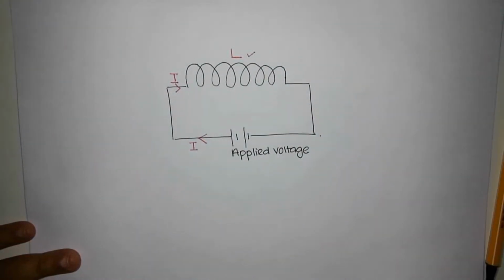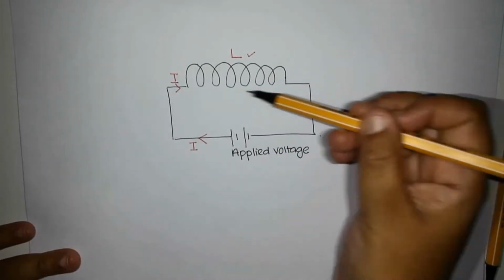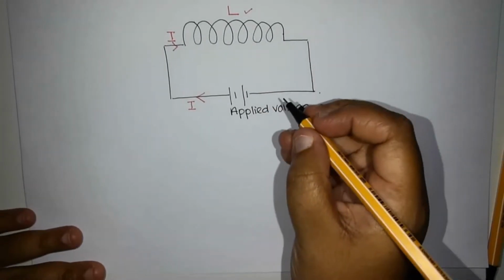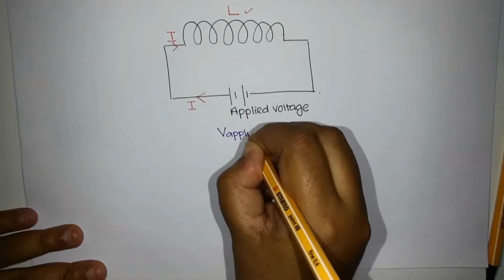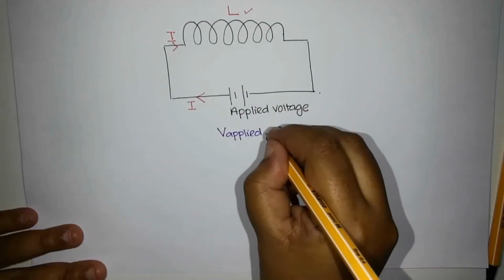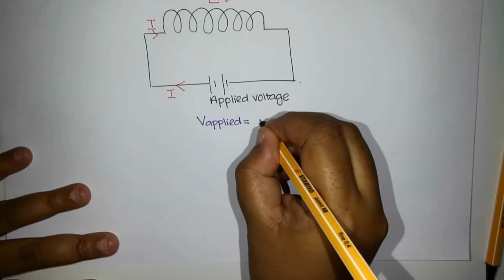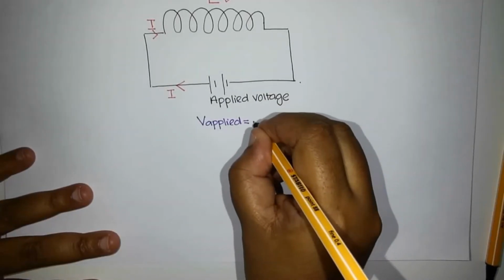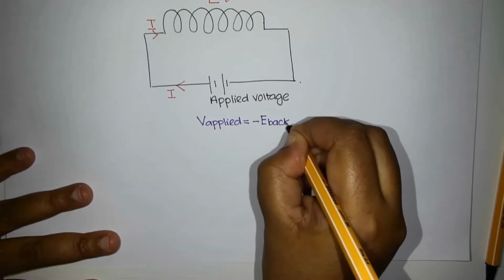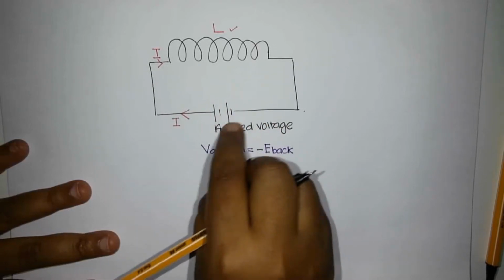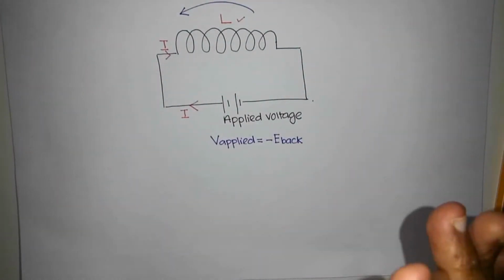Now in order for the current to be driven through the inductor, the applied voltage must be equal to or greater than the back EMF, but in the opposite direction. If this is the direction of the applied voltage, the back EMF is in this direction, as we learned in our previous lesson.